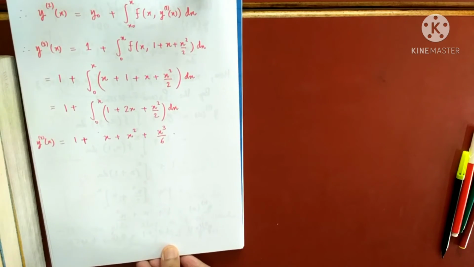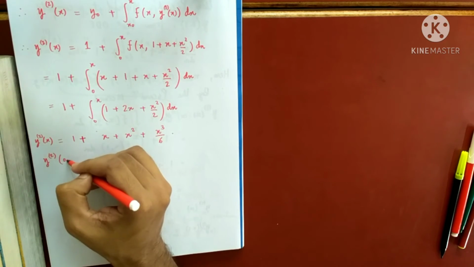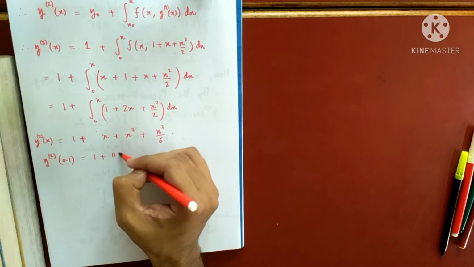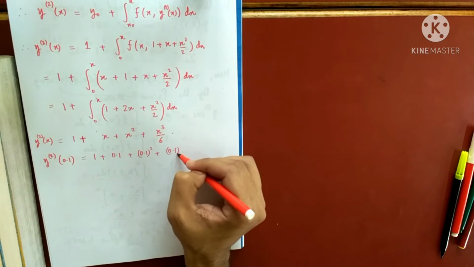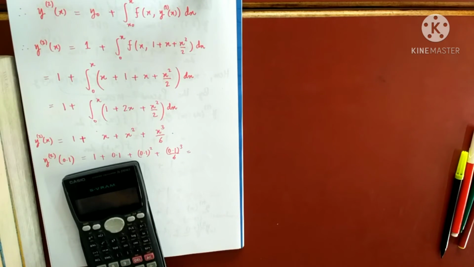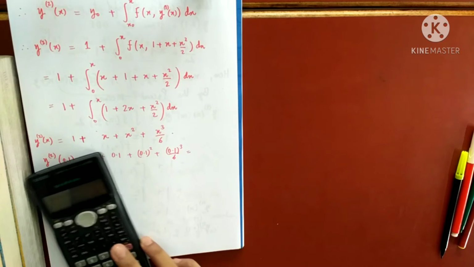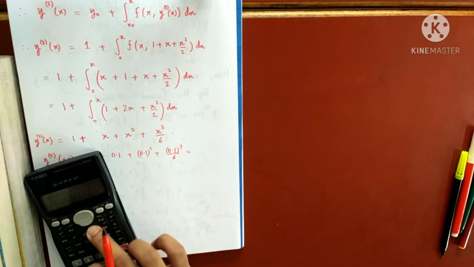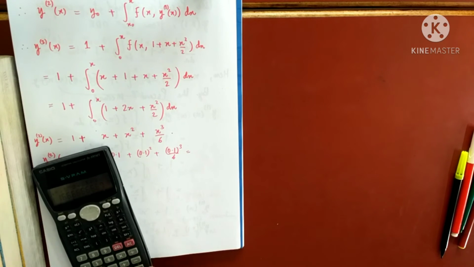Again, we were supposed to find the value of the function at 0.1. So now we will use this approximation to find it at 0.1. So place 0.1 everywhere and compute the value: 0.1 cube divided by 6 plus 0.1 square plus 0.1 plus 1.